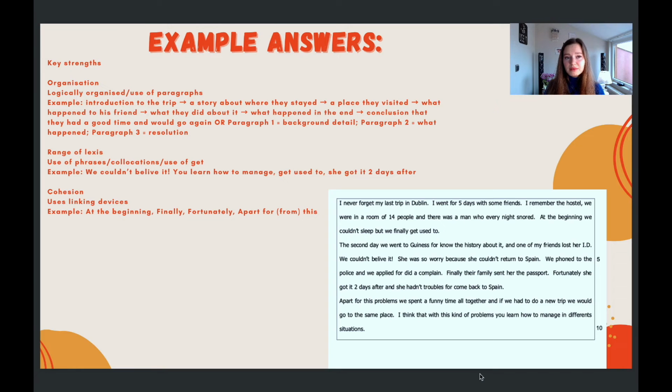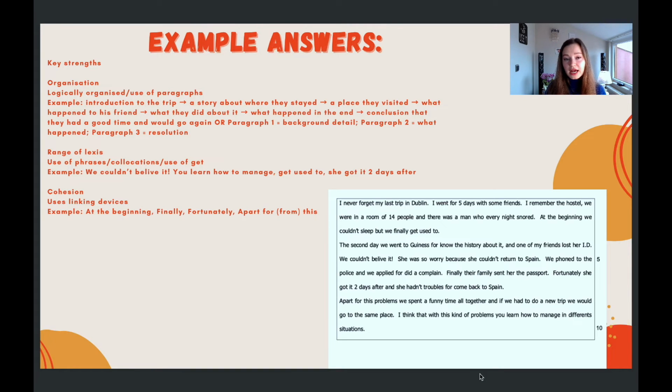When you provide the comments about the organization and you need to provide an example, you can see that the example may be longer than the feature itself. Don't worry about that, that's totally fine. So let's have a look at the example. The introduction to the trip, a story about where they stayed, a place they visited, what happened to his friend, what they did about it, what happened in the end, and a conclusion that they had a good time and would go again.